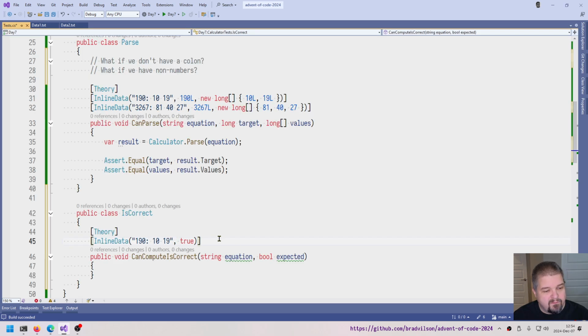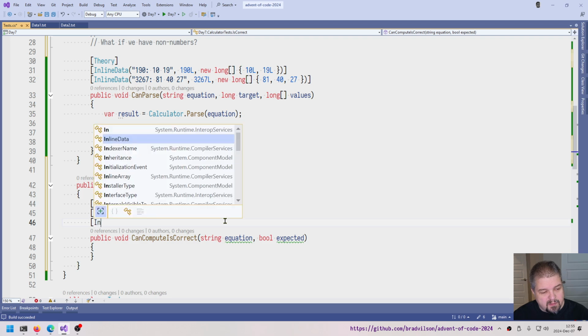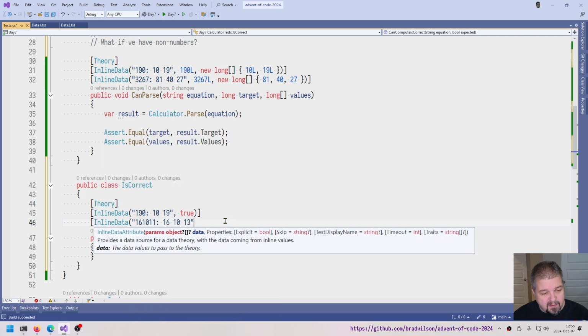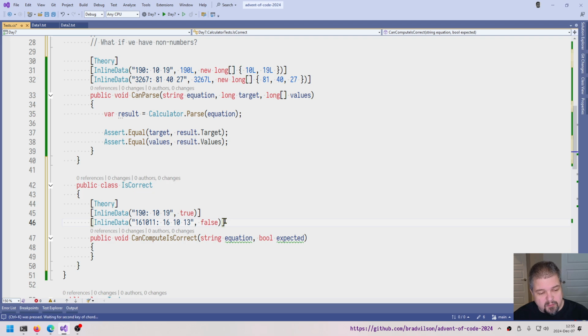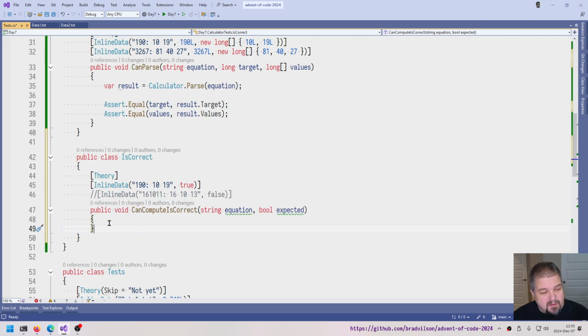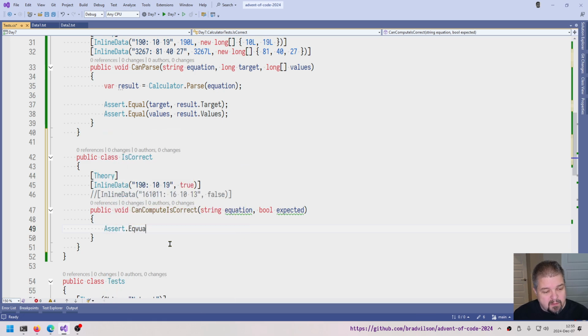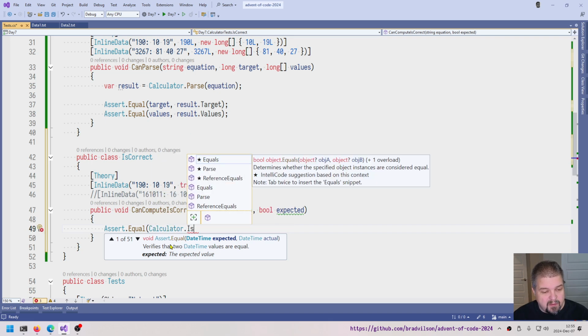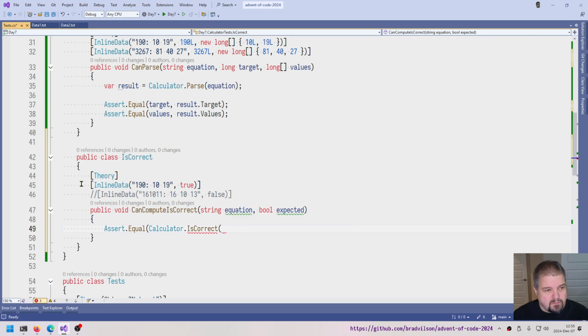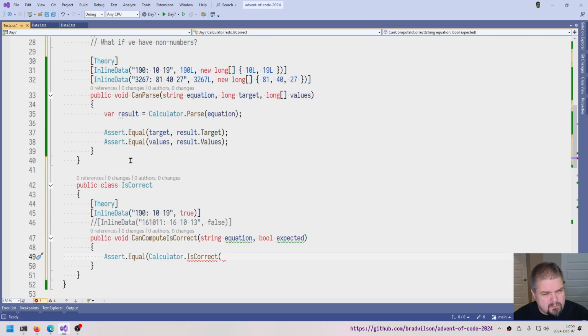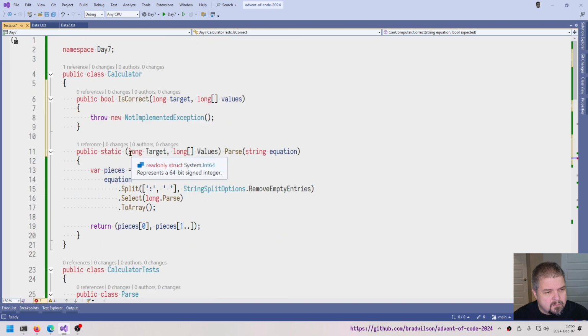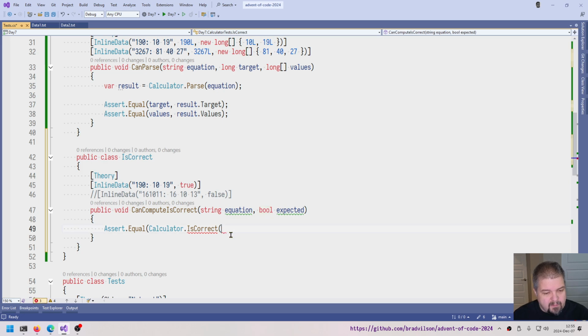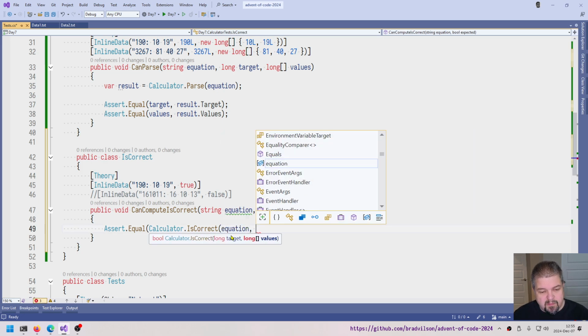Okay. Inline data. That is not correct. We're just going to hang on to that for a moment. We're going to say assert equal calculator is correct. Forgot to make you static. Is correct for this equation.